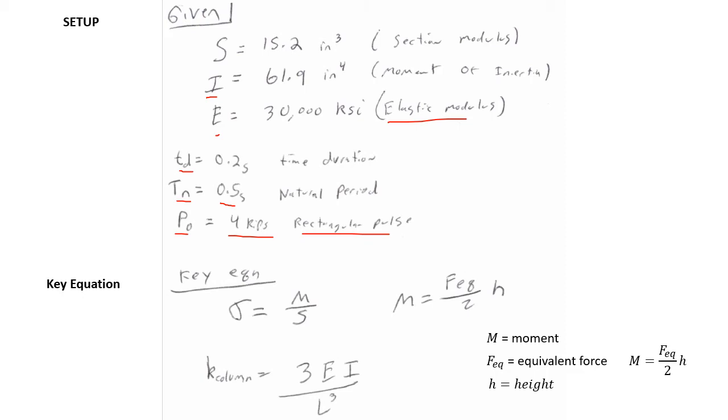I have sigma is equal to my moment divided by S, where S is my section modulus. I have my moment is equal to force divided by 2 times the height, because there are 2 beams there. And I have my column equation here, 3EI over L cubed. I have all of these on my setup page to reference back to as my key equations if and when I need to use them to solve for what they're asking us for in the problem statement.